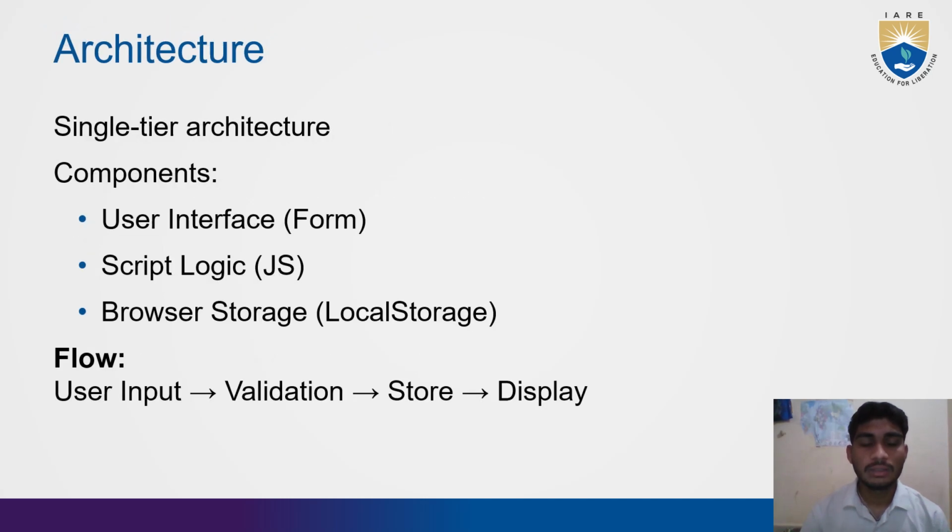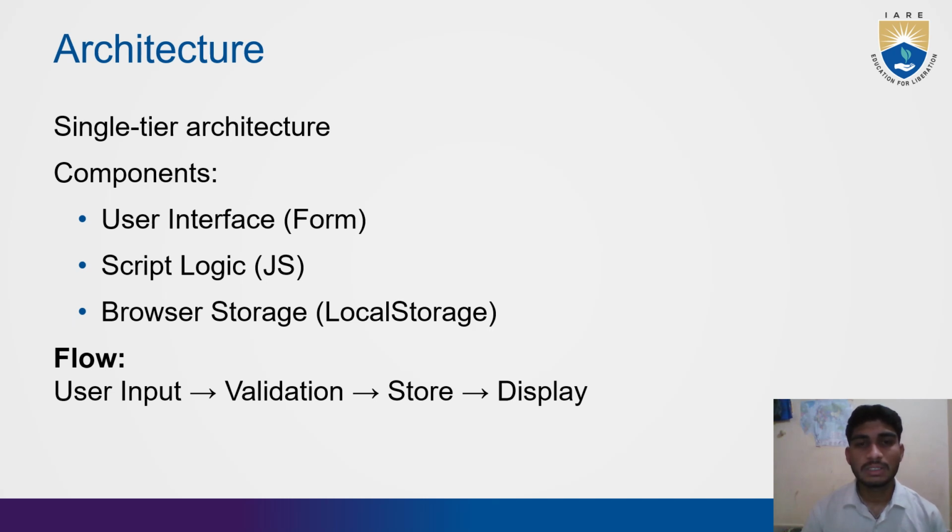Our next slide is architecture. How will the job application form architecture be? Single tier architecture, which means only front end. Components are the user interface, basically the form, and script logic.